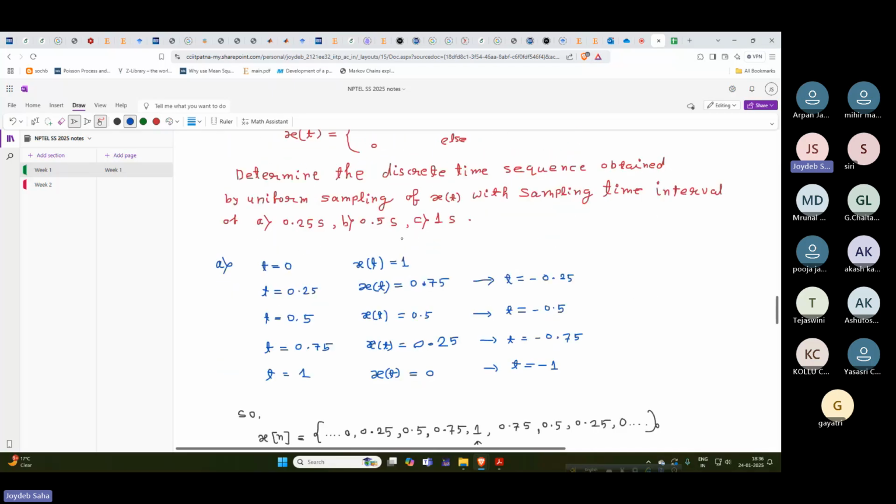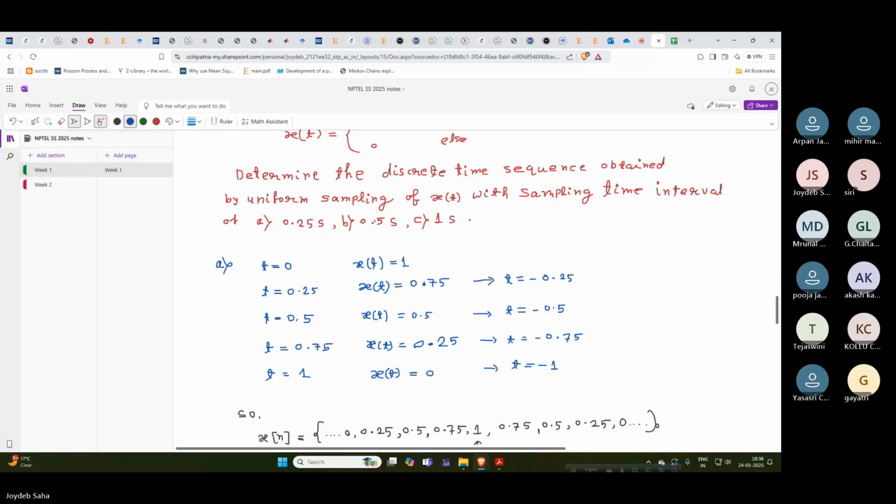So try to solve for t is equal to 0.5 sampling time. Take one more minute and try to solve.